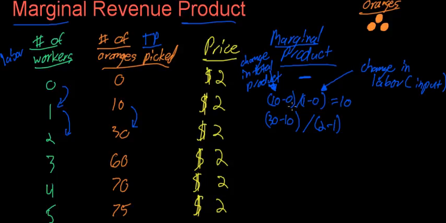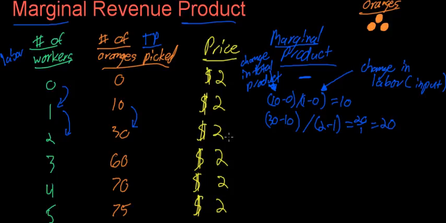So jumping back to this next line, we have 30 minus 10 is 20, divided by 2 minus 1 is 1. So this is 20 over 1, which is equal to 20. And so now for 3, I've kind of messed up all of my columns here, haven't I? So this was for 0, this was for 1, this was for 2. I haven't messed this up too badly.